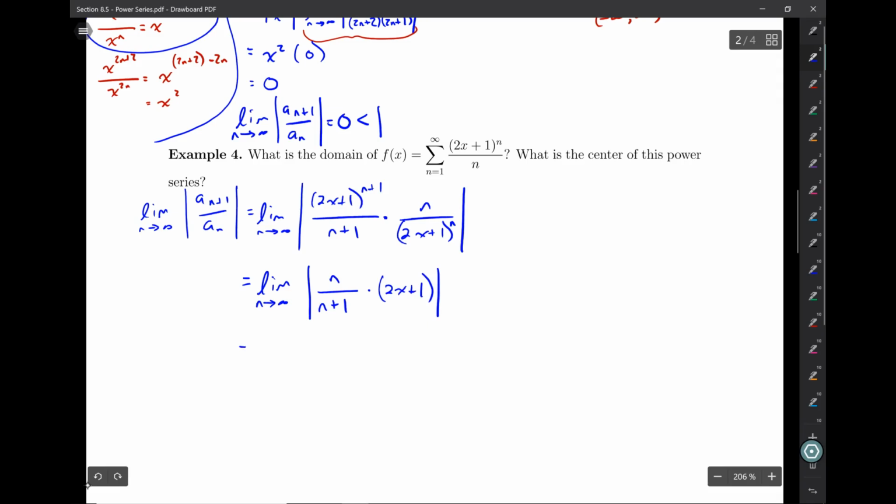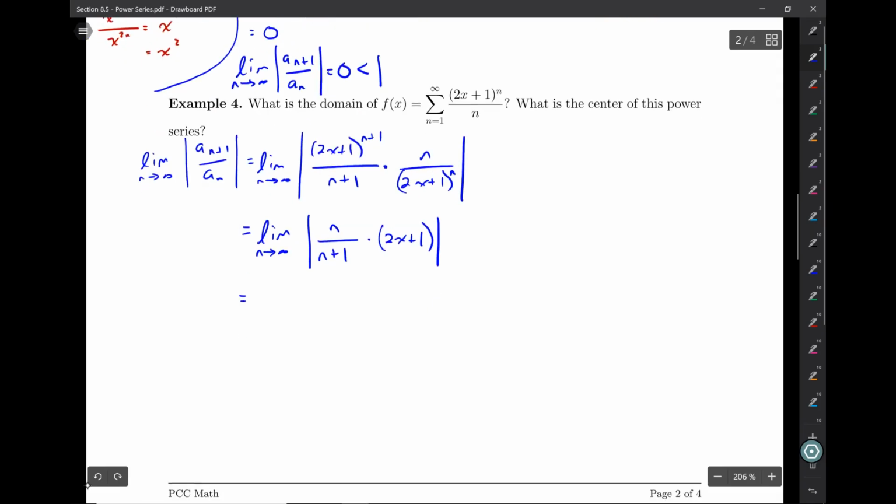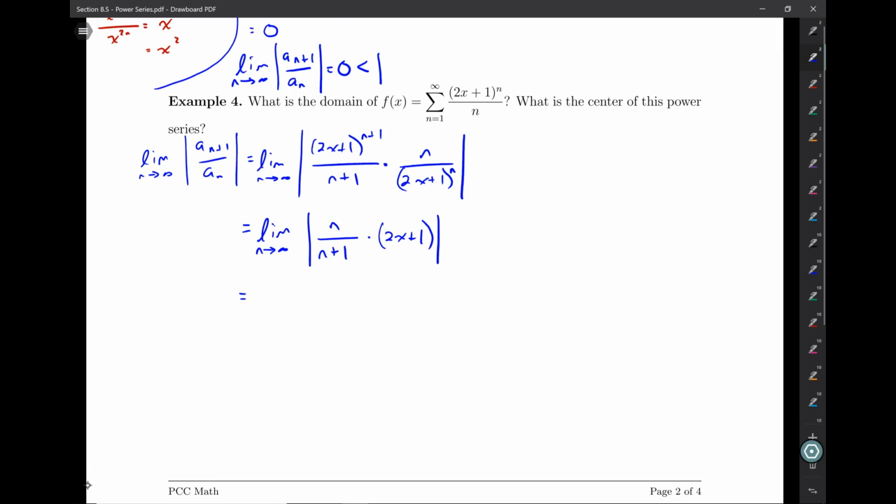And remember again that 2x plus 1 has nothing to do with n. Because we're taking a limit as n approaches infinity, we can kind of factor this 2x plus 1 out, but it is inside of an absolute value, so when it gets factored out, it comes with an absolute value. And then we have a limit as n approaches infinity of n over n plus 1.